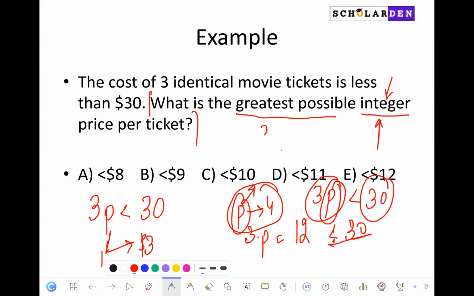So the only possible value of P that brings this product as close to 30 as possible is 9, because 3 times P is 27. If we assign P as 10, it becomes 30, but we want the price of these 3 tickets strictly less than 30.